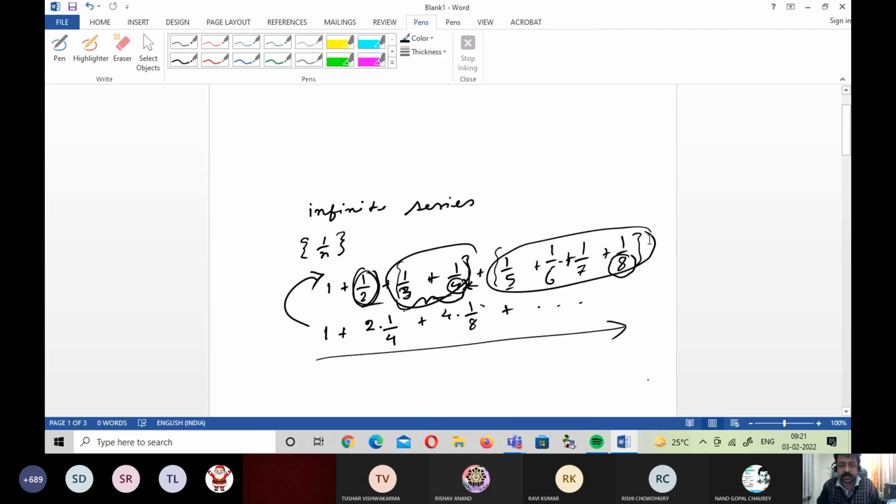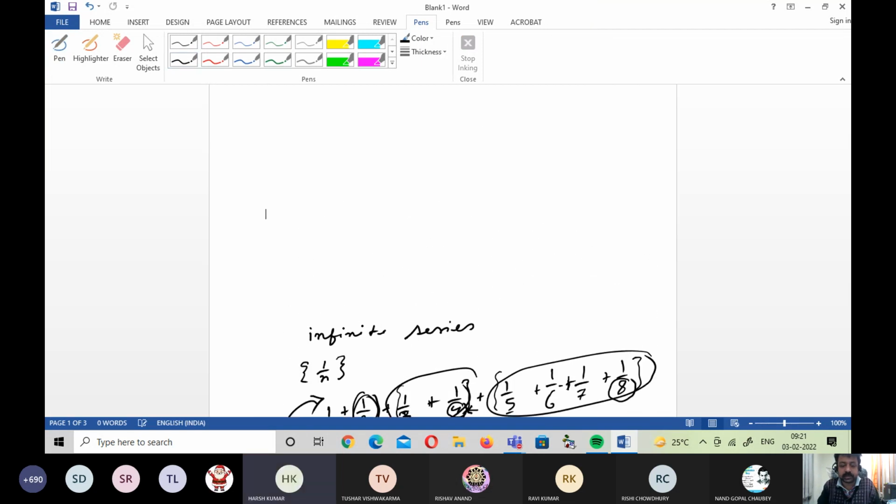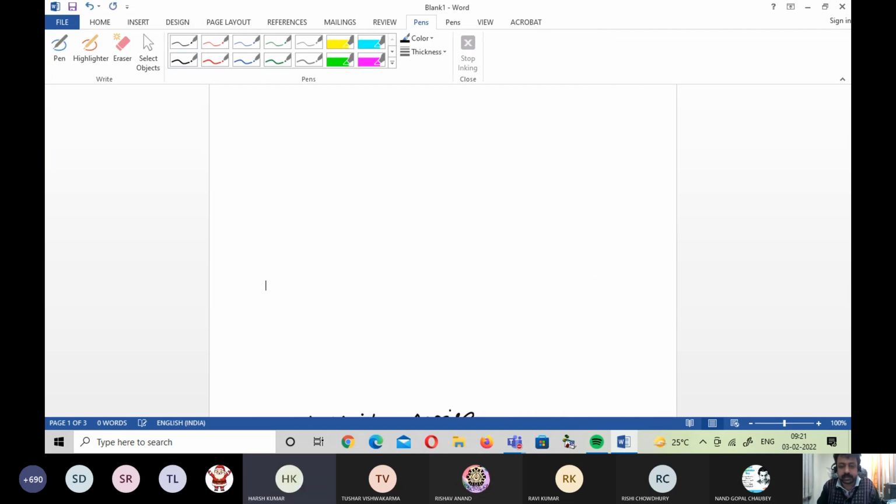Sir, but one thing, in the convergent and divergent series, you have only considered a particular term of the expansion, not the summation. So how can it be? Yes. Here, basically what you have done, just like the previous example a few minutes ago, you have made a group.